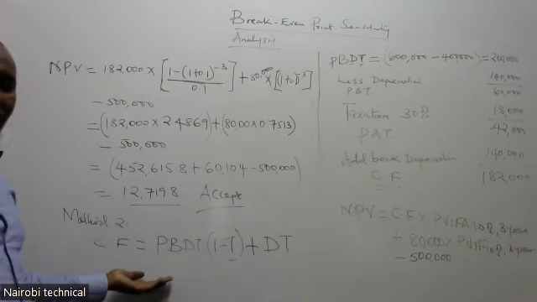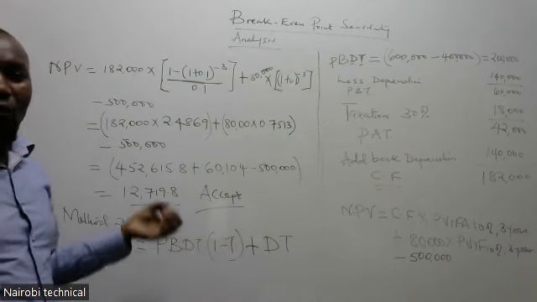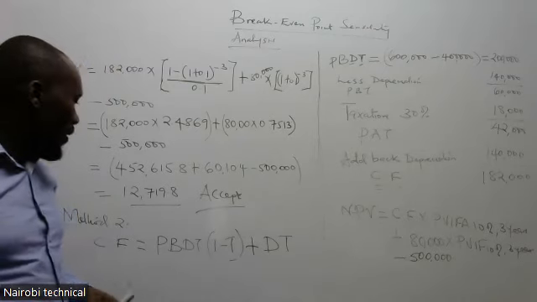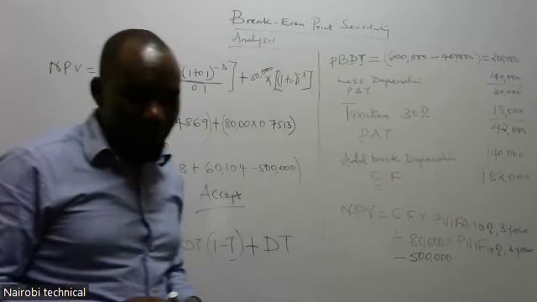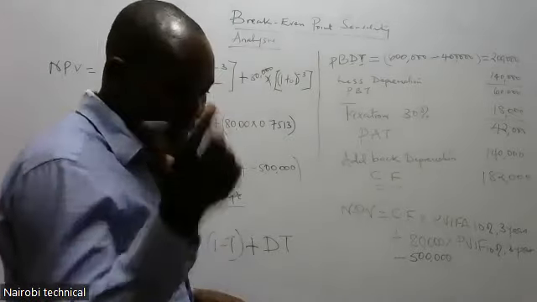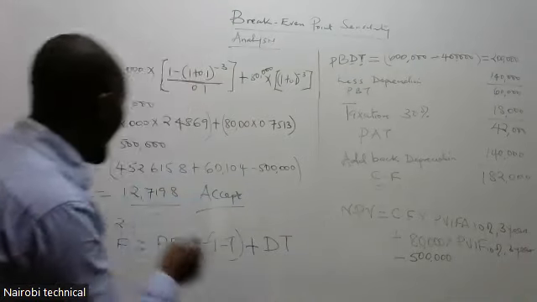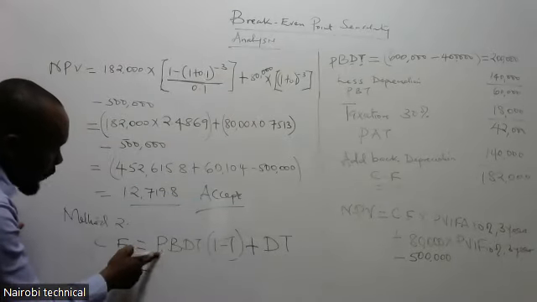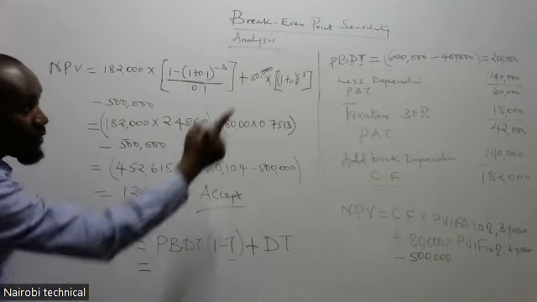So this is how the formula looks, and that is what you'll be using going forward when you are going to use sensitivity analysis. Now, let's come back to this one. Let's see if it is going to give us the same answer that we had. So let's take our profit before depreciation and tax, which is 200.